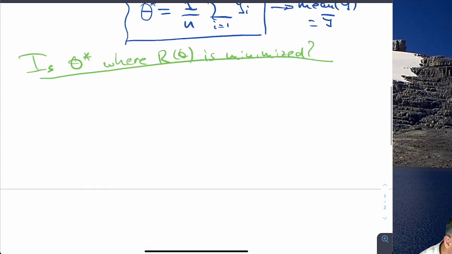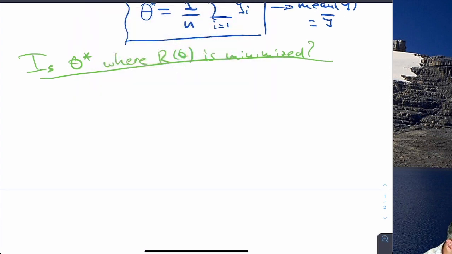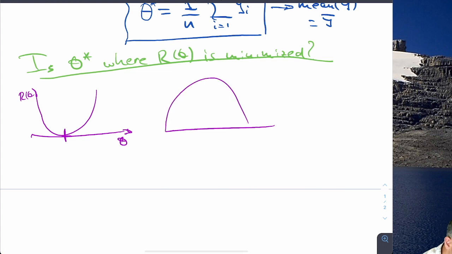And remember that for functions of one variable, we can have a couple of different situations. If this is r of theta as a function of theta, at a minimum the derivative is equal to 0. But the derivative is also 0 if r looks like this.